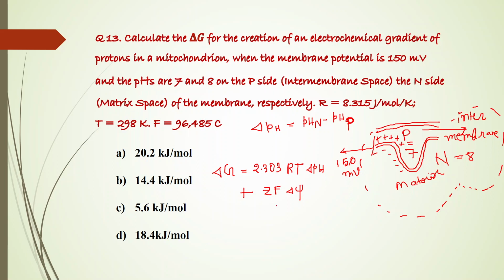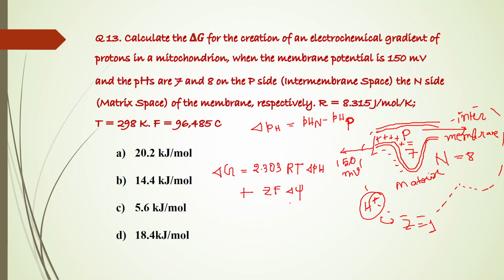And what is Z? You already know the charge that is associated. You are just pumping out H plus, protons. So the Z associated with it is 1, because these are only single positive charges, and the F value is already given. Delta psi is your membrane potential, the potential difference across which you need to pump the protons.